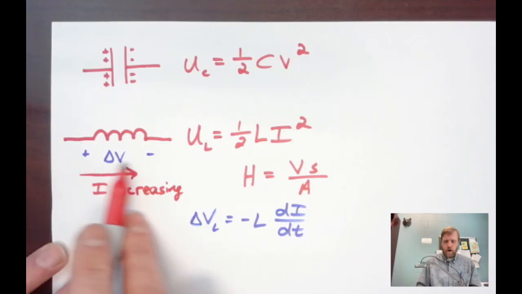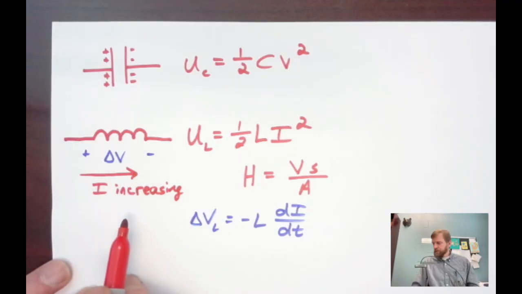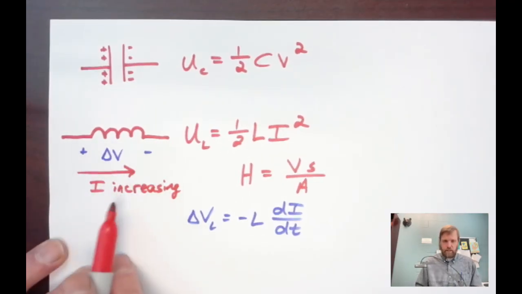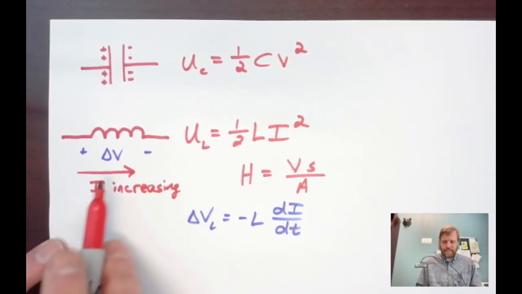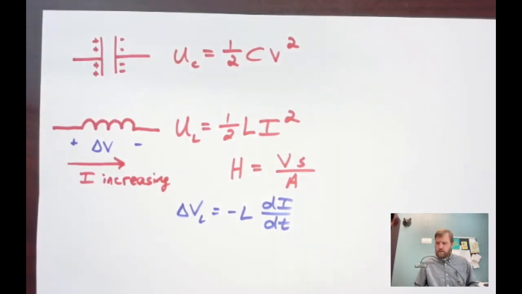Okay, so it opposes this increasing current. All right. If the current is decreasing, then it would flip, right? So it just opposes whatever that change is. If the current is going this way and increasing, it's opposing the change in the current. Okay. All right.